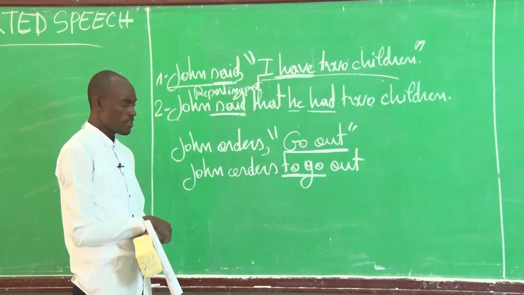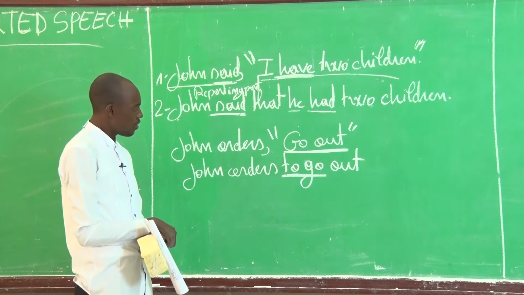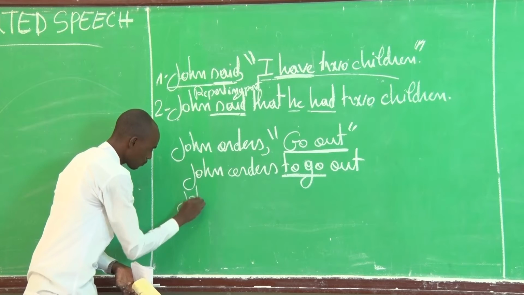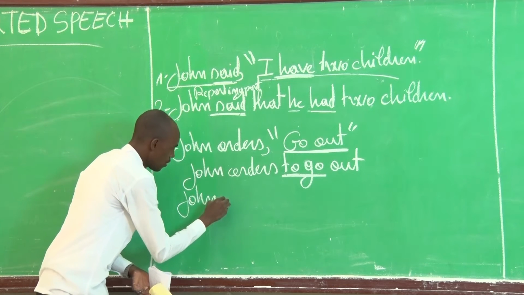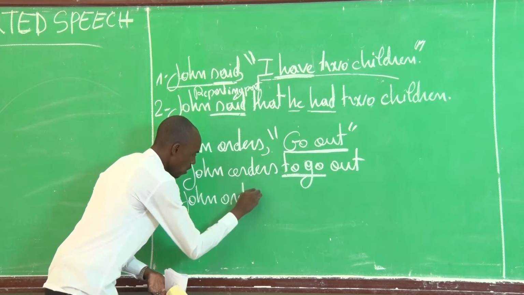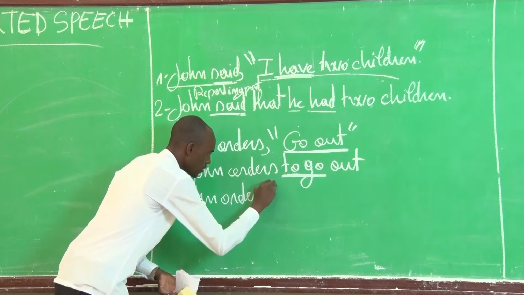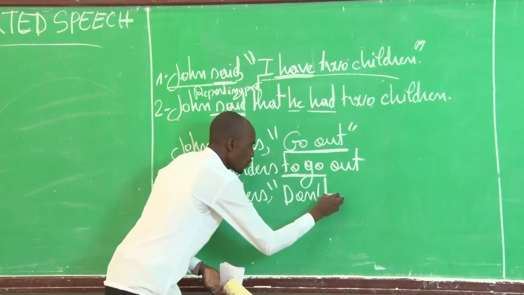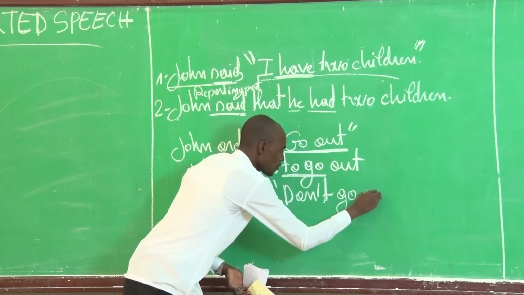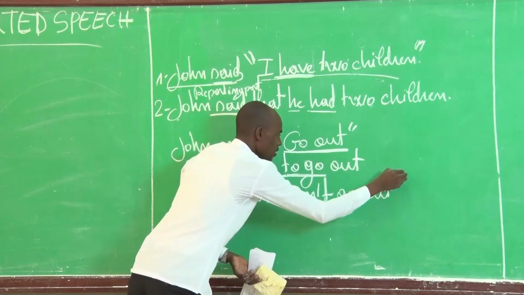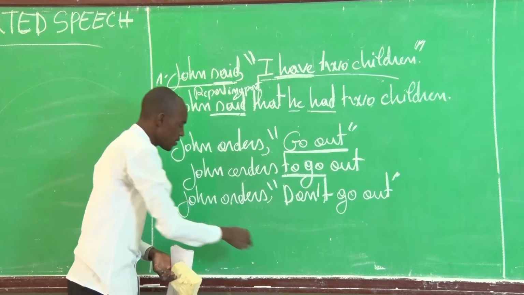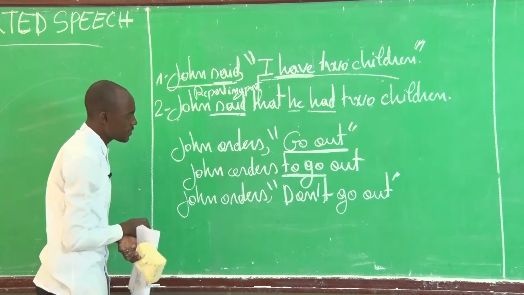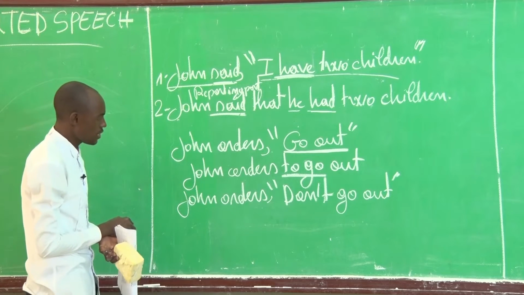Now, let's take another example concerning the imperative mood. We have John orders, "Don't go out." This sentence is in direct speech. Now, let's turn it into indirect speech.